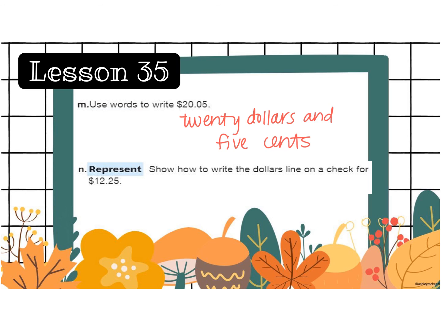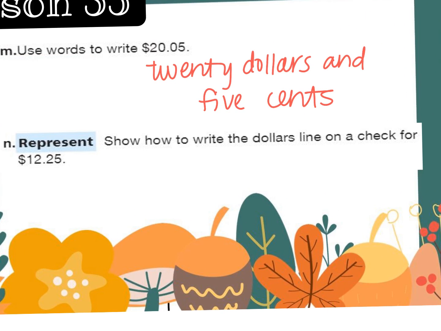Okay, last one, Connor. $12. Oh, this is, okay, so this is like a check. So I want to make sure that I write it like I would on a check. So I write 12. I'm going to write in cursive too. $12 and very good, 25 over 100. Perfect.